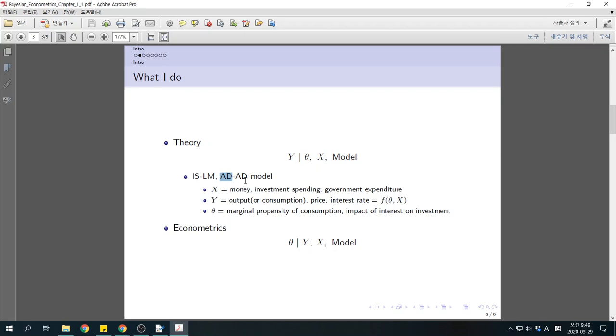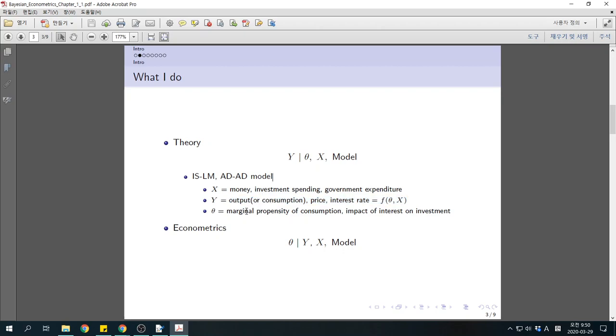Where is the AD curve? There is no independent AD curve. AD curve is derived from the IS-LM curves. So actually, there are three structural equations. Because we have three structural equations, we have three endogenous variables. Otherwise, we cannot identify more than three endogenous variables using three equations.